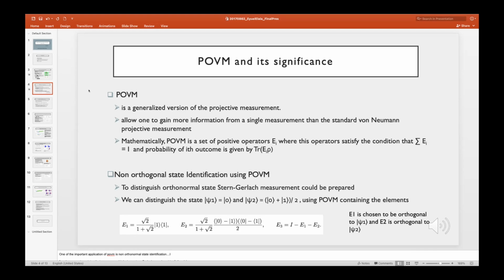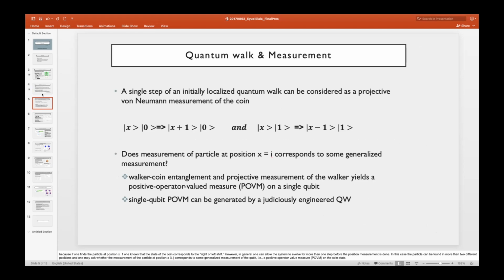Also, maybe I missed it, but is quantum walk hard to calculate? Is it hard to calculate because there is some sort of entanglement between the walker state and the coin? Will it be easier? I'm not sure.